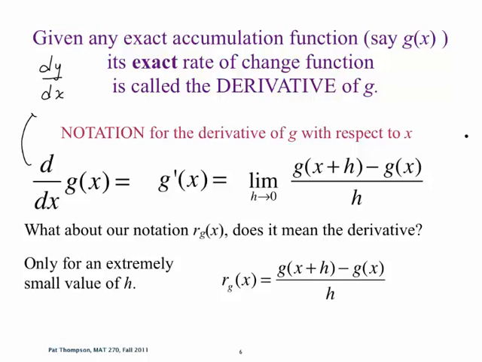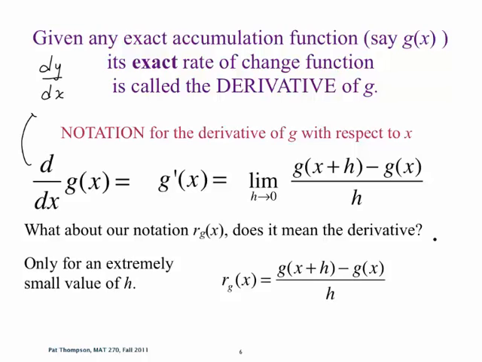So the term derivative is specifically reserved for the exact rate of change, always. And so these notations are for derivative: dy dx, d dx of g of x, g prime of x, which means this. But our rate of change function, we allow it to be flexible for us because it's nice in different situations.